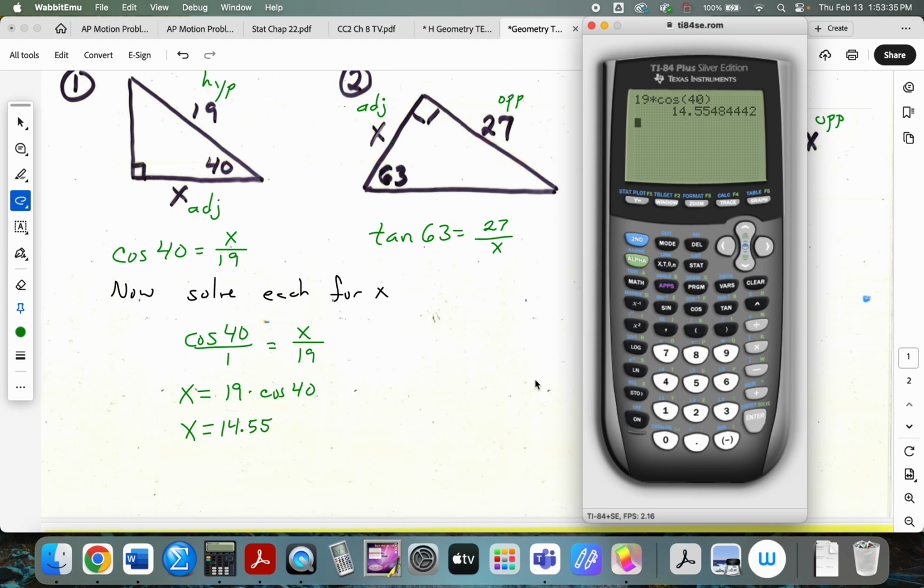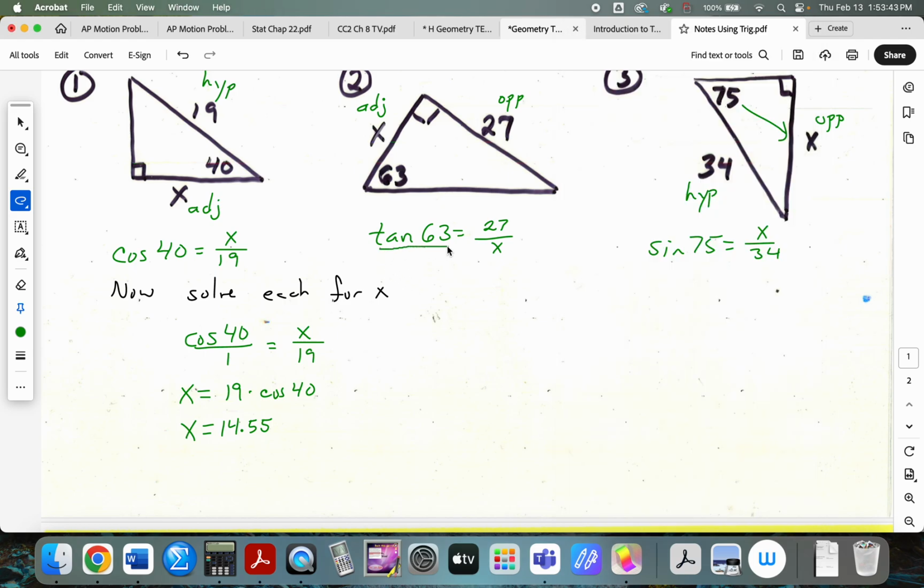All right, let's look at the next one. So for this one, let's put the tangent of 63 over 1. This time when we cross multiply, we're going to have x times the tangent of 63 equals 27.